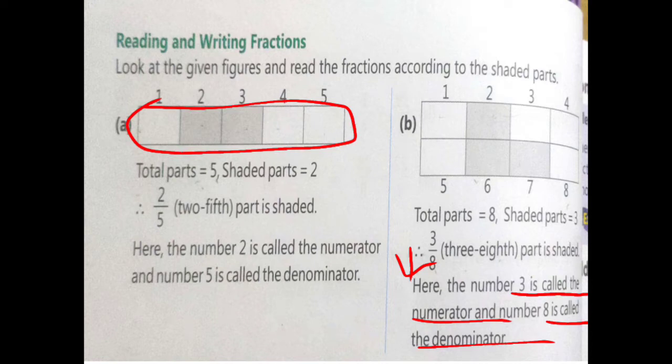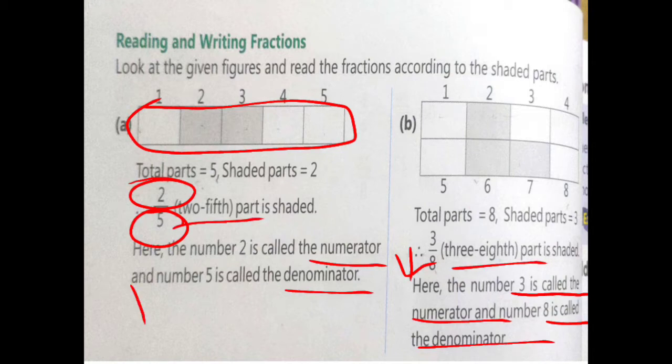We write them using two terms, numerator and denominator. The denominator is the lower part of the fraction and the numerator is the upper part. We pronounce 2/5, 3/8, 1/2 like this.